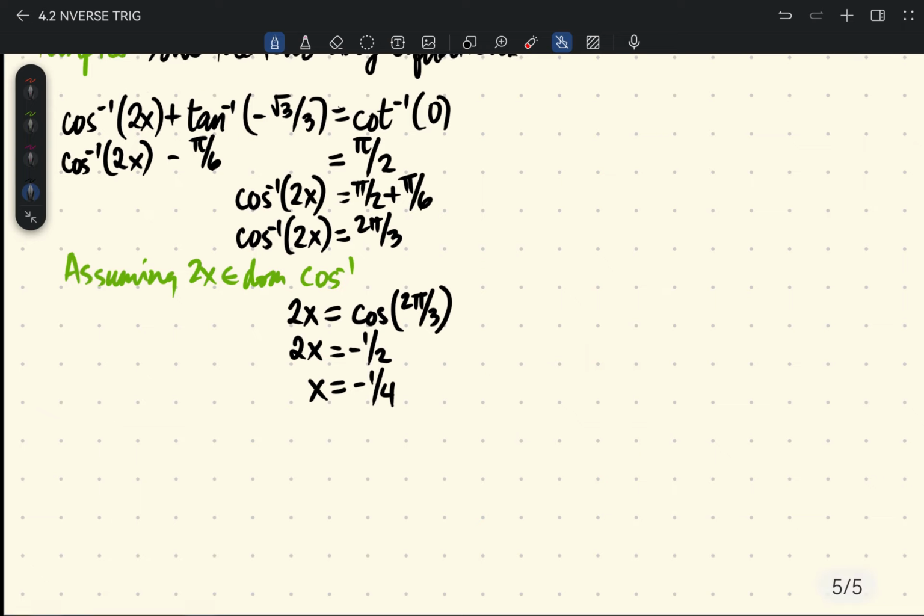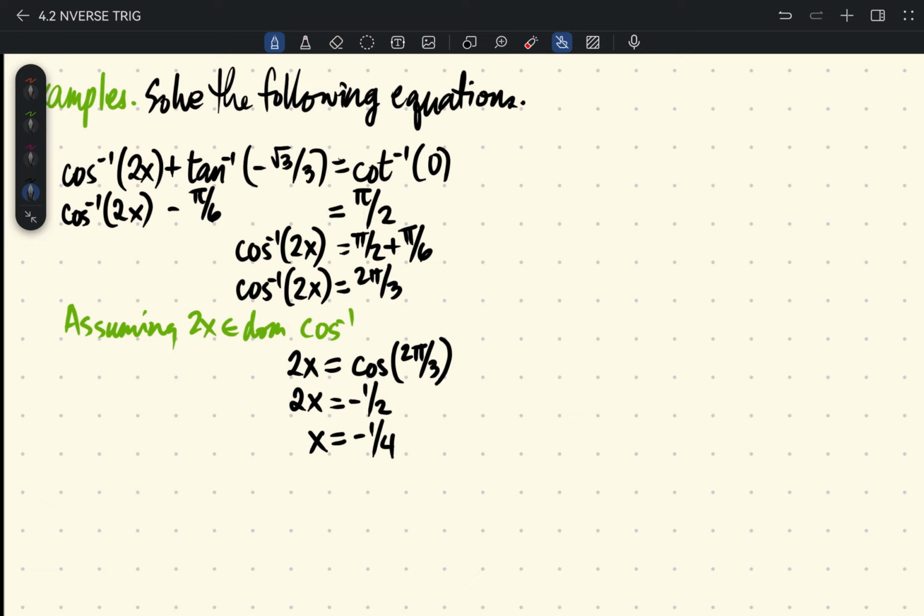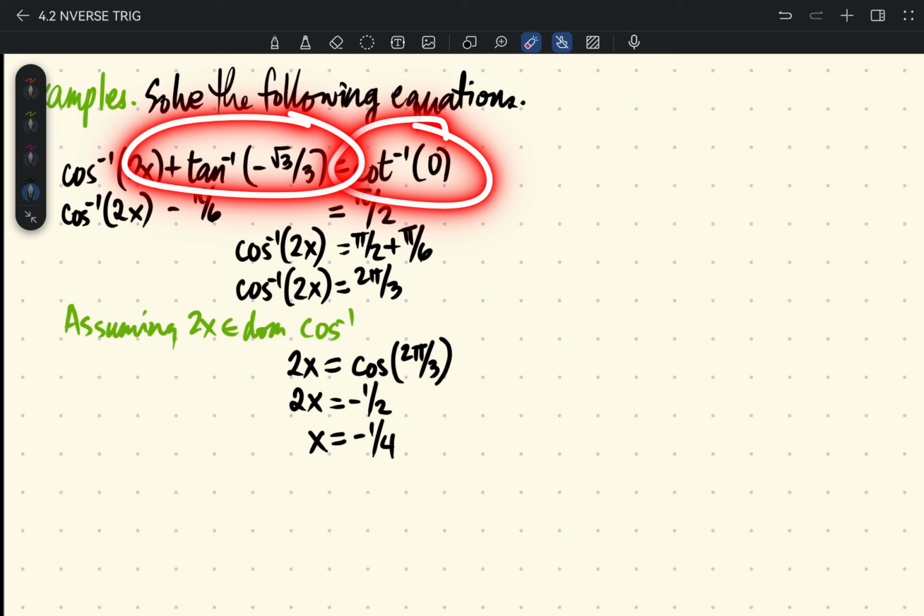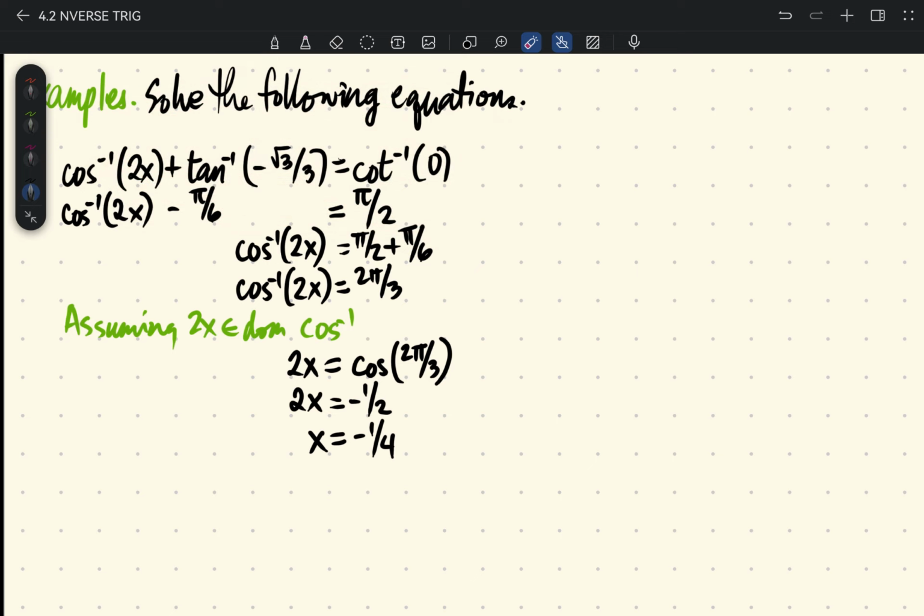So again, what's our method? First and foremost, evaluate the stuff that needs to be evaluated. Do some simplifications until you can write your equation in terms of a single trigonometric function which is equal to a constant.